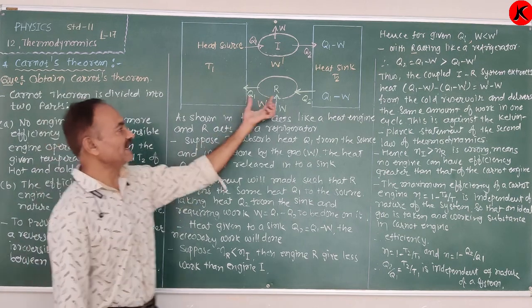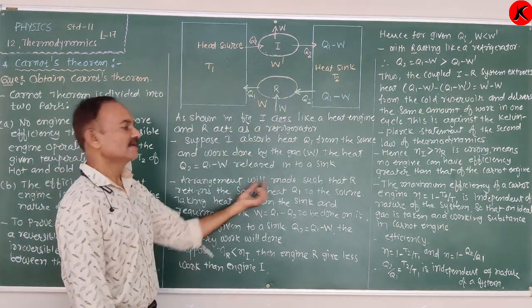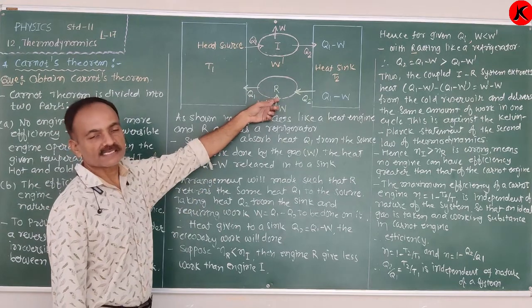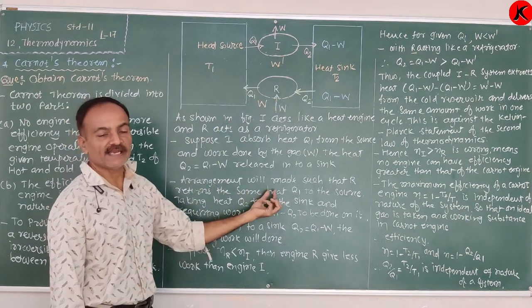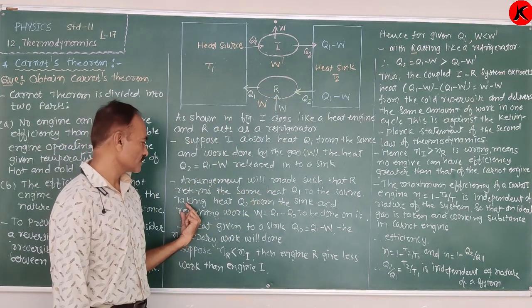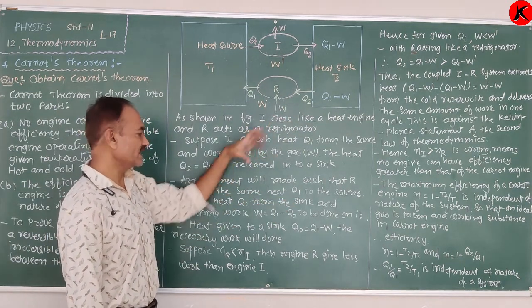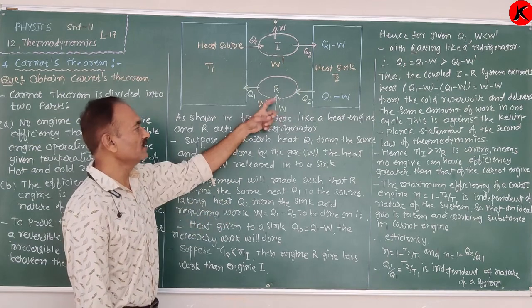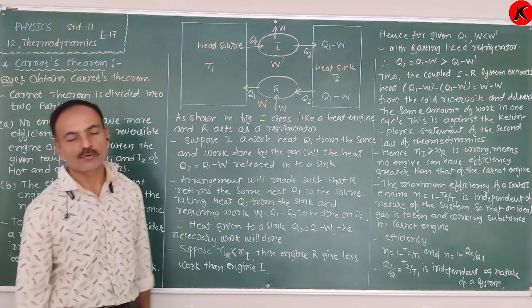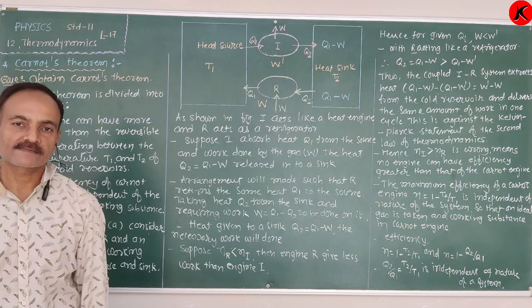Now, the arrangement is made in such a way that the reversible engine R returns the same heat Q1 to the source, taking the heat Q2 from the sink, and the required work W = Q1 − Q2 is to be delivered on it.